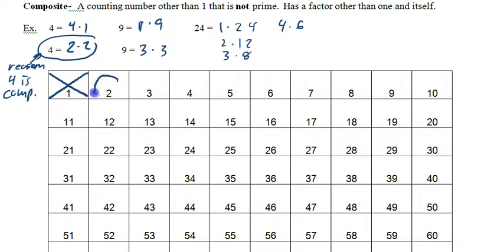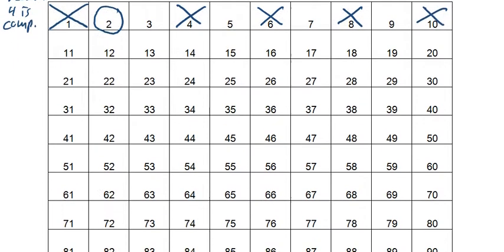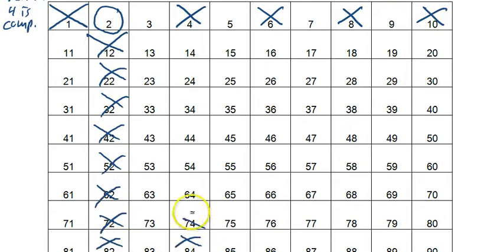Alright, 2. 2 is prime, so let's circle it. Now, anything that has a 2 in it has to be composite, like 4. 4 has a 2 and a 2, which means 4 is composite. 6 has a 2. Every other number, because they are all even, has to have a 2. So we can come through here and cross all of these off.